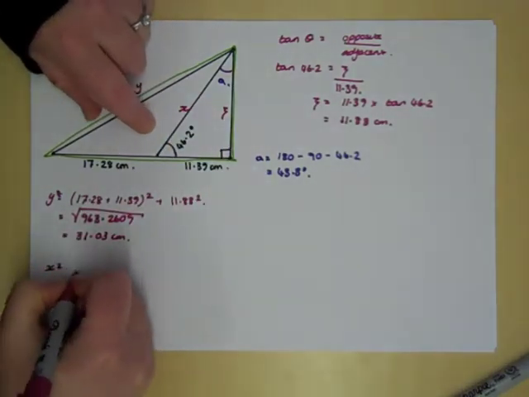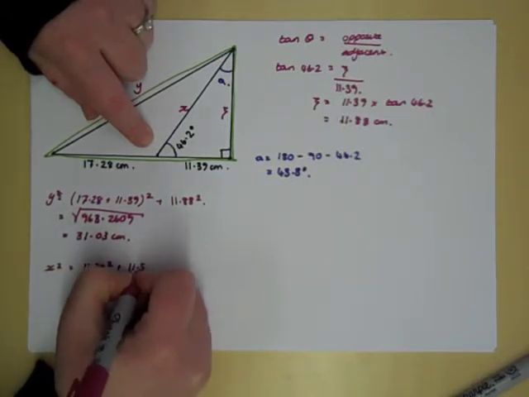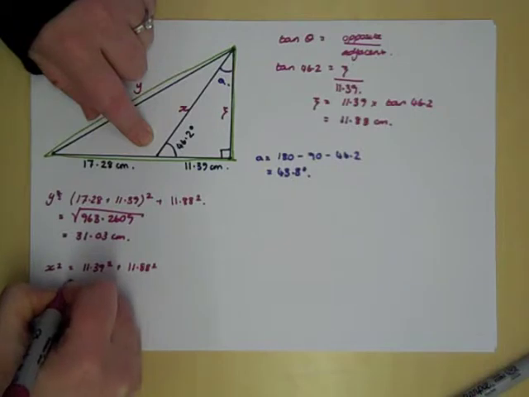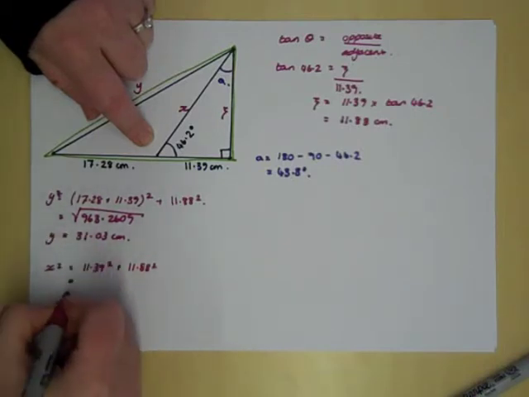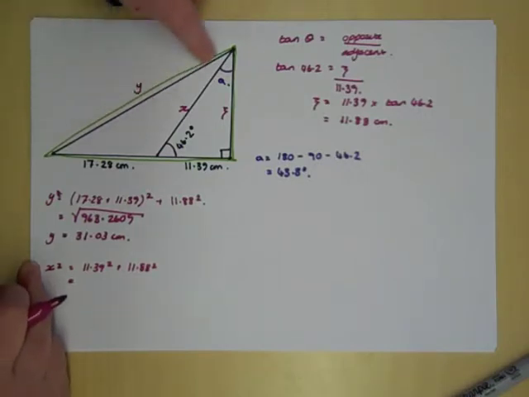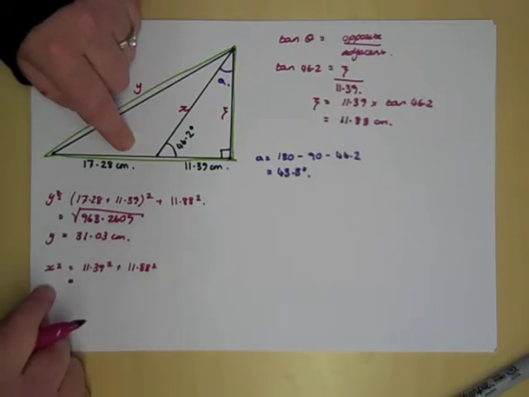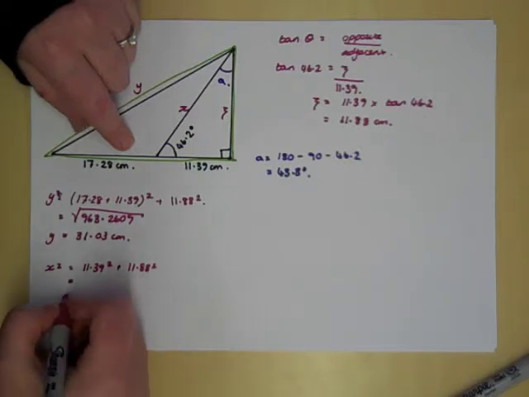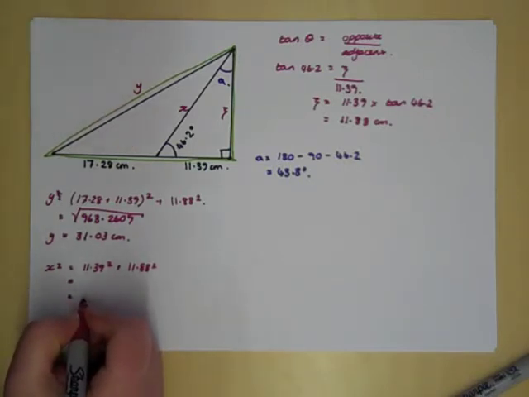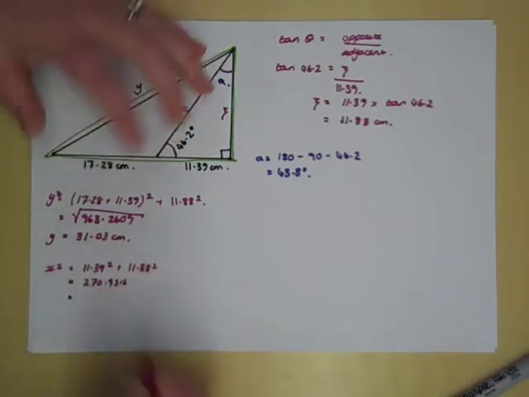So x squared is equal to 11.39 squared plus 11.88 squared, which is equal to 270.9316, somewhere around there.